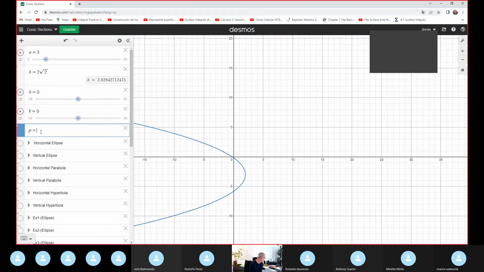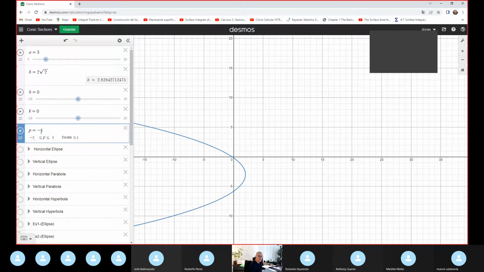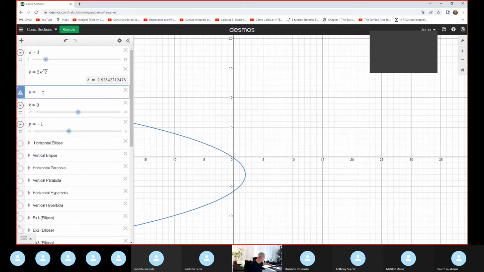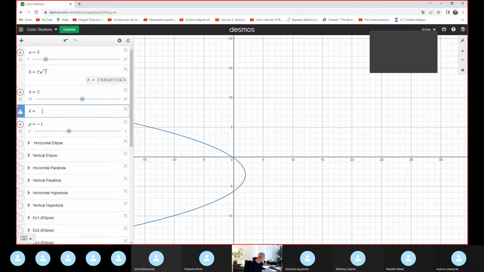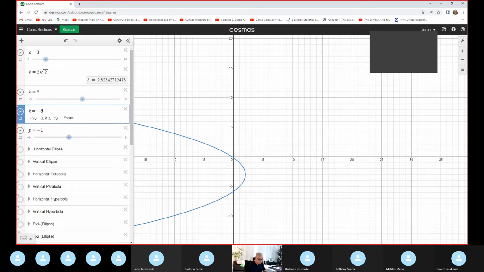We found that. And h and k are 2 and 3, no? Negative 3, sorry. But let me check to see if I made a mistake or not. 2 comma negative 3 is the vertex, yes.